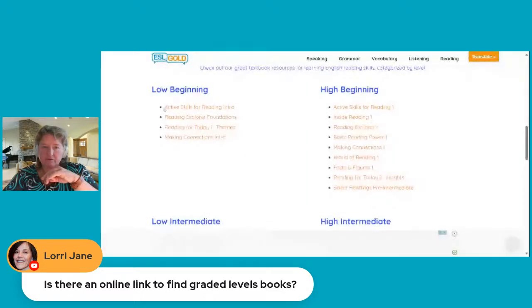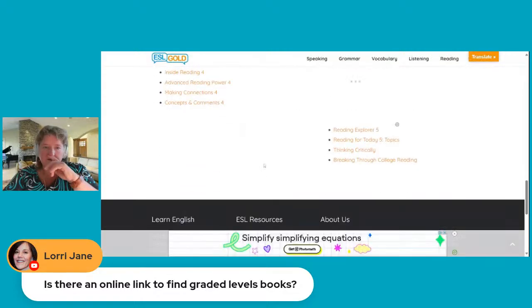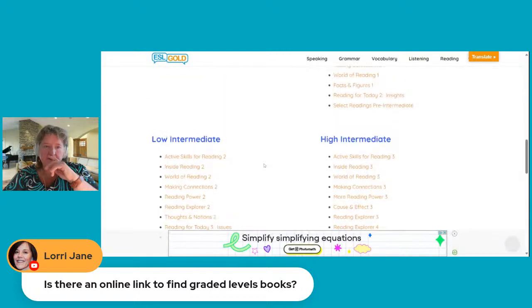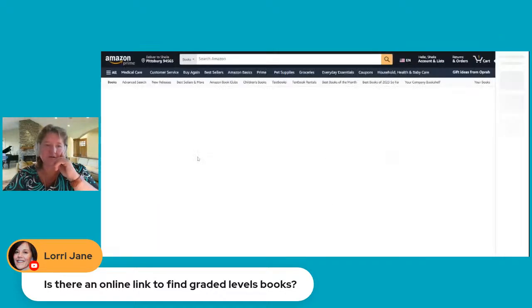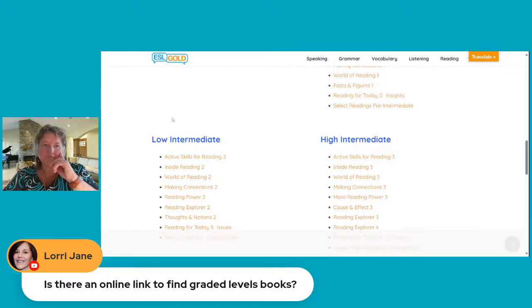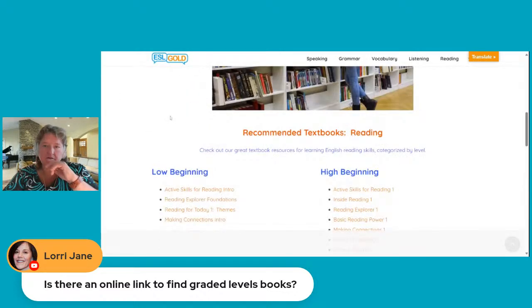And then notice it's listed according to level. So you got low beginning, high beginning, low, high, intermediate, all the way to advanced. And then you can check out the activities. Yeah, but you can check out the different levels. Okay, I'll stop sharing.